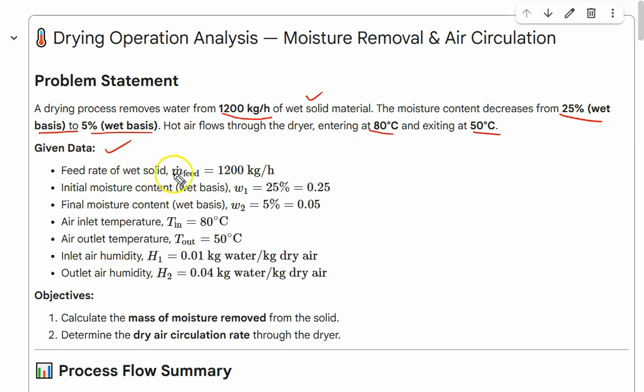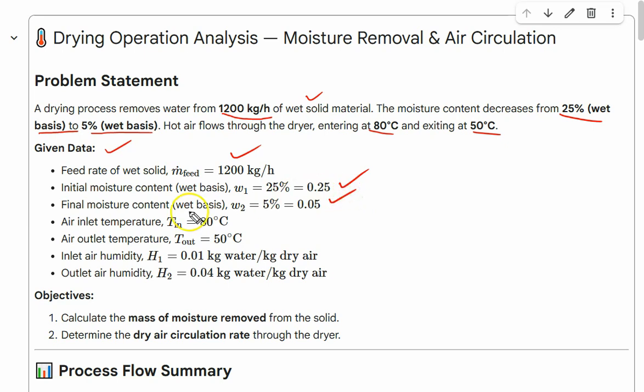The feed rate of the wet solid, m dot feed, is 1200 kg per hour. Initial moisture content on a wet basis, W1, is 25%, that is 0.25. Final moisture content on a wet basis, W2, is 5%, that is 0.05.